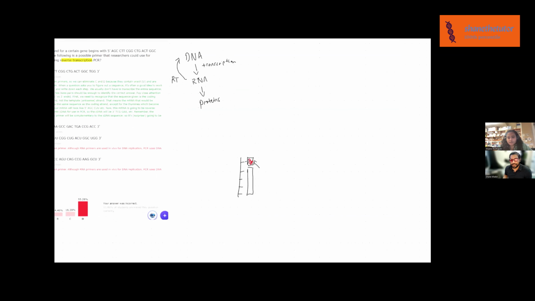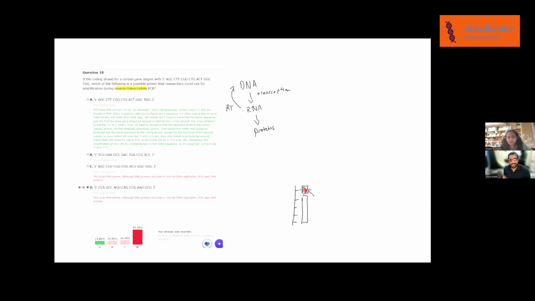But since we are dealing with reverse transcription PCR, our primer should be DNA.